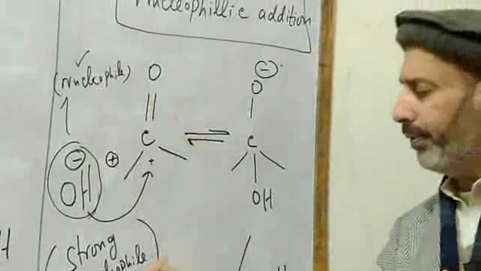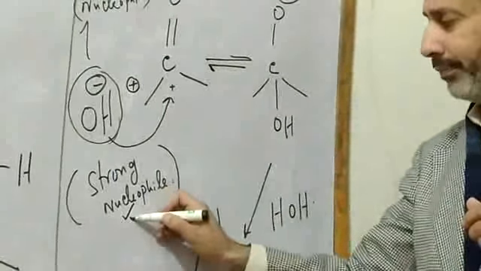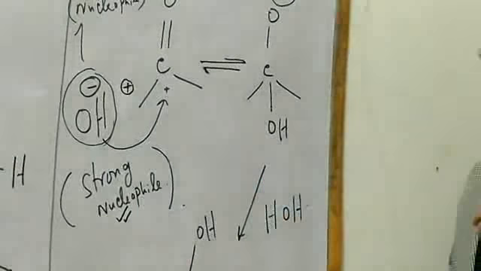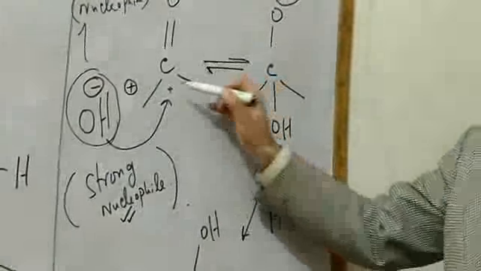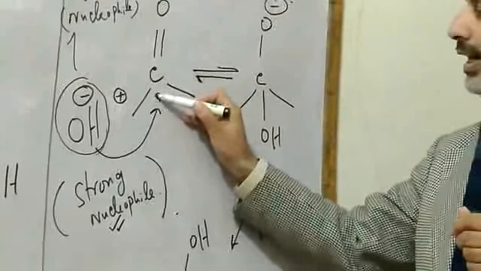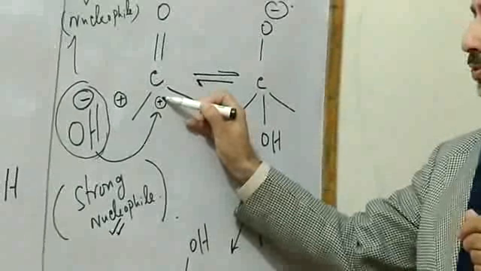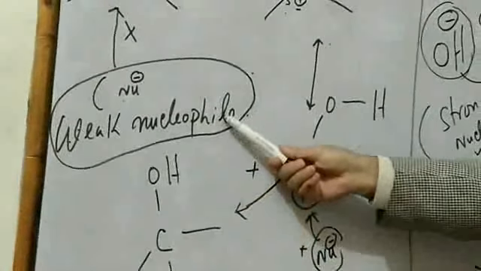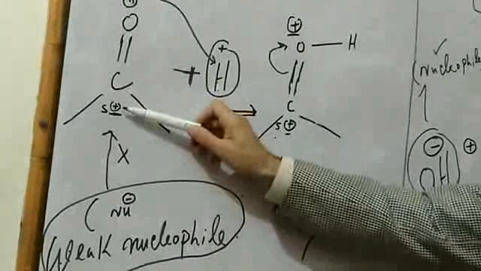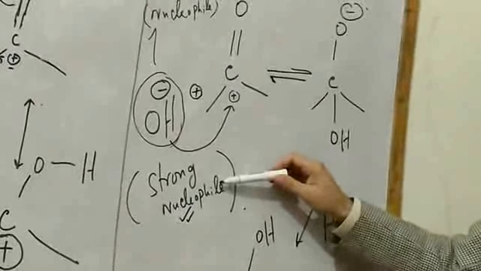But remember, this nucleophile is a stronger one. And if this nucleophile is stronger, it can even attack this slight positive charge. Over here, the nucleophile was weak and it was not possible for it to attack this slight positive charge. But here we have a strong nucleophile.